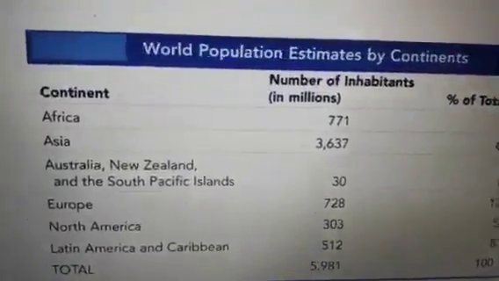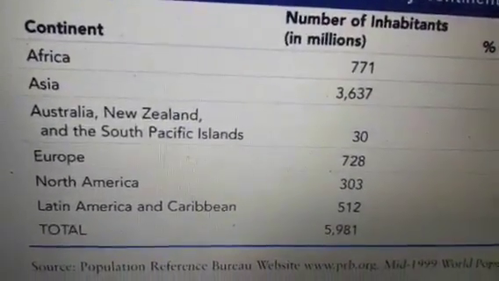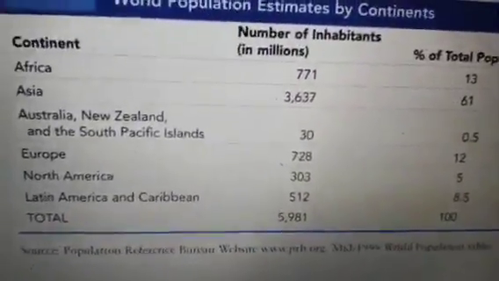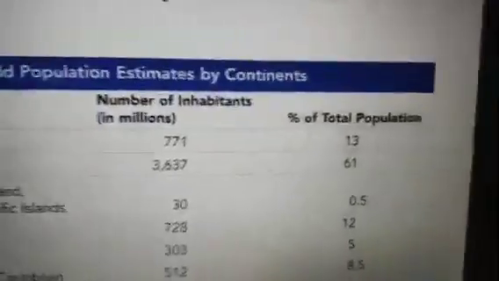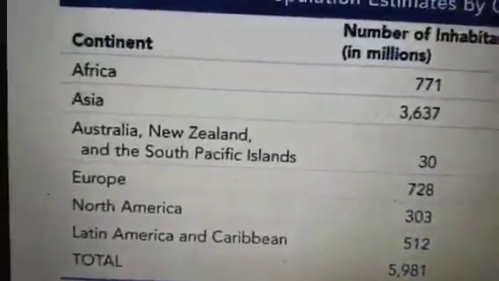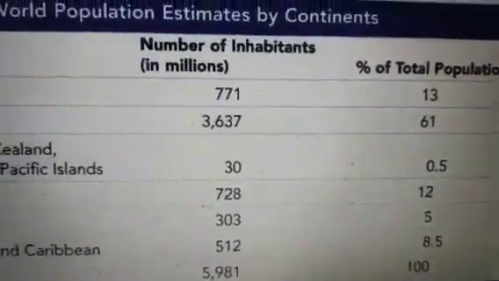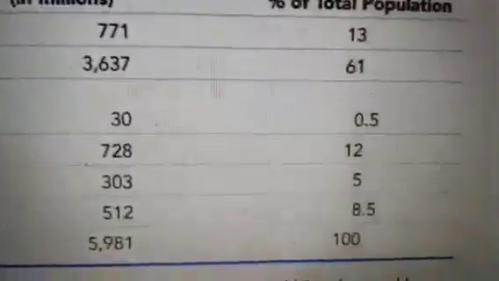You can see the continents: Africa, Asia, Australia, New Zealand, etc., Europe, North America, Latin America, and total, in percentage. Africa's share of the total population around the globe is 13%, but Asia contributes 61%. Australia, New Zealand, etc. contribute only 0.5% of the total population.